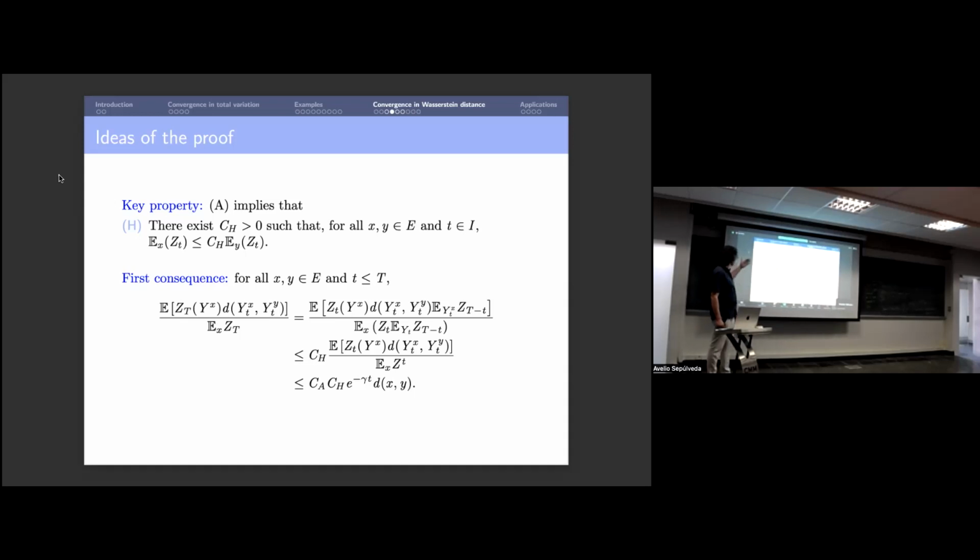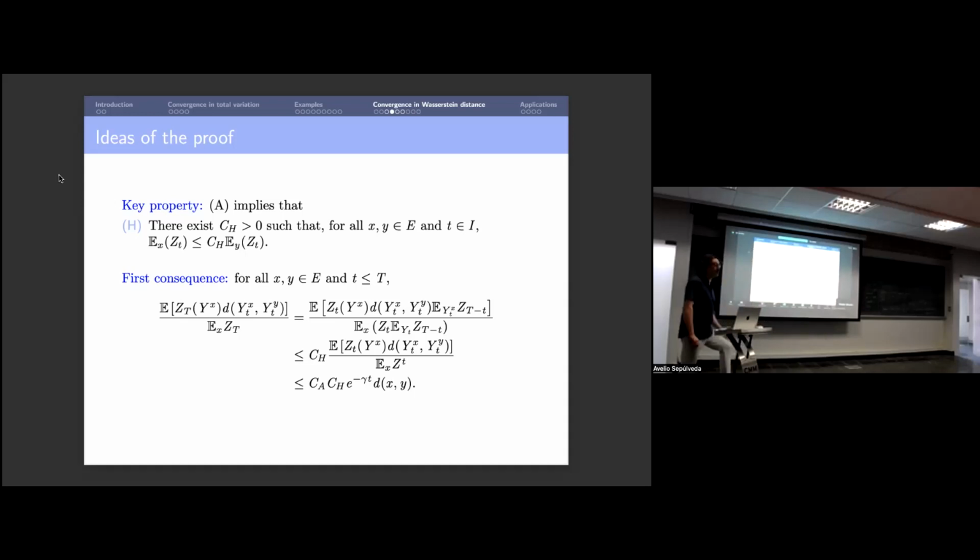It's uniform in t, in x, and in y. Usual Harnack inequalities for diffusions are on compact sets, but here it's for x and y everywhere. So this is really strong.